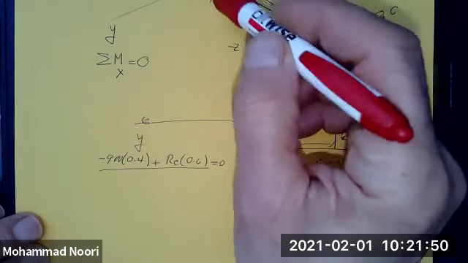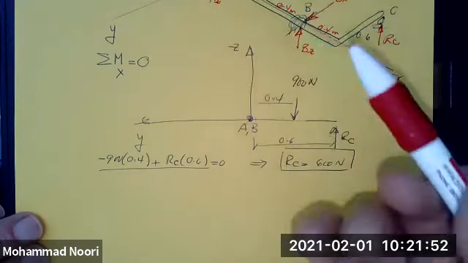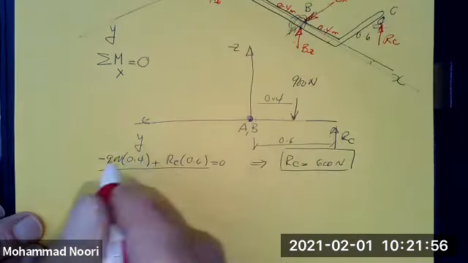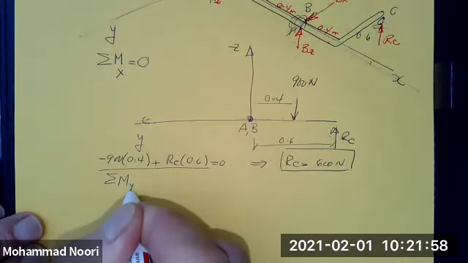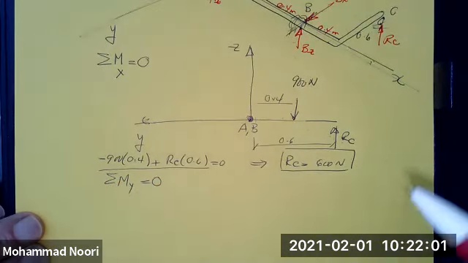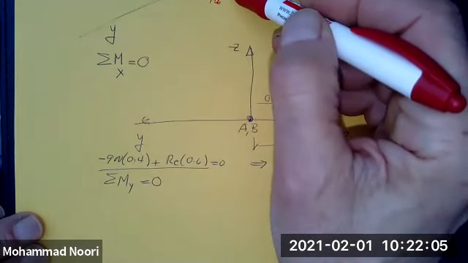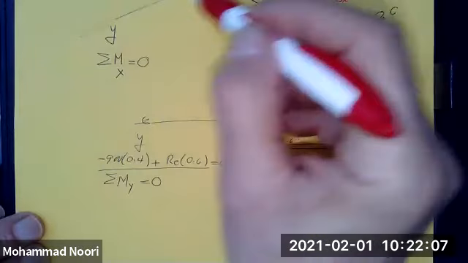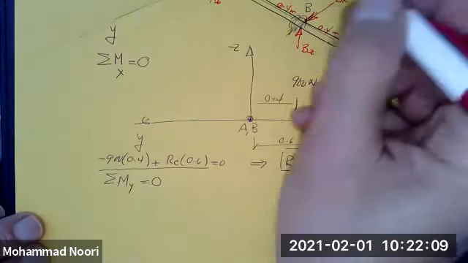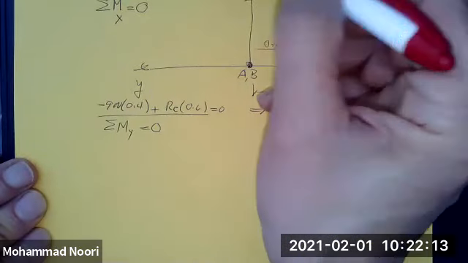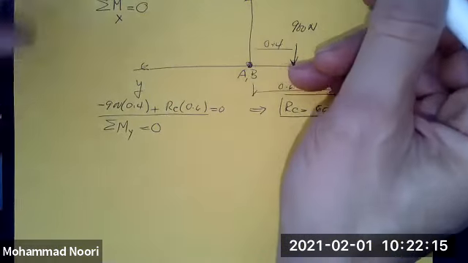So that with the possibility is by considering the summation of moments about y is equal to 0, or taking the moments of all these forces about A. But I will consider again moment about this axis because it makes my life easier. If I take summation of moments about this axis, right?